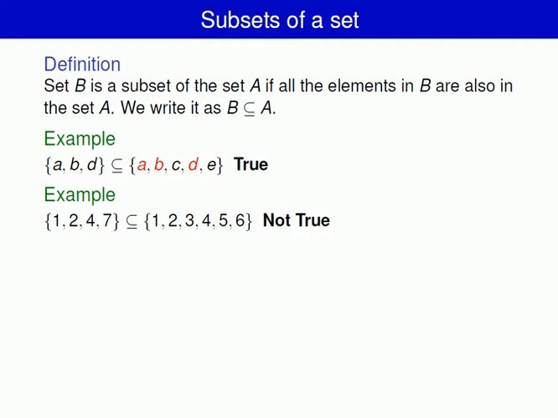It's a wrong claim, a wrong statement. Remember, 7 was the one which got us into trouble because 7 is the missing element in the second set. So to say that it's not a subset, you have to have an element which is not in the second set.